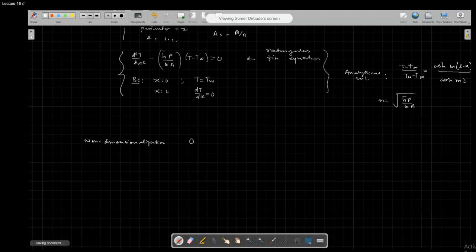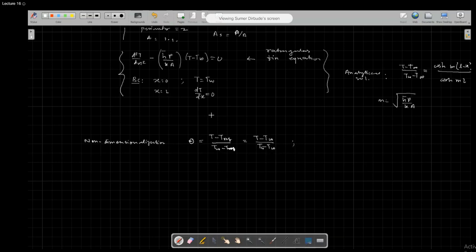Some non-dimensional temperature, which can be given as T minus T reference divided by T wall minus T reference, isn't it? Which can be written as T minus T infinity, or T reference, and T wall minus T infinity. This can be written as a non-dimensional temperature.